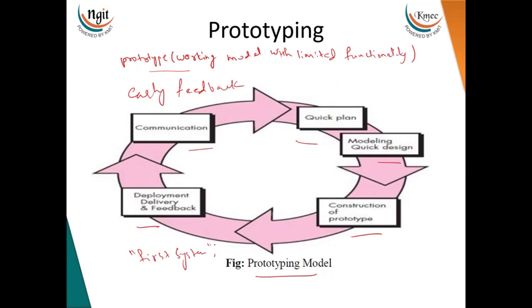The prototyping model can be used as a standalone process model, and basically it is used when the customer defines a set of objectives but does not identify detailed input, processing, or output requirements, and also when the developers are unsure of the efficiency of an algorithm, the adaptability of the OS, that is the operating system, etc. So it is used where a phased model is inappropriate.